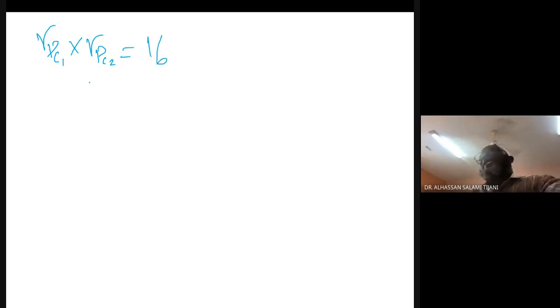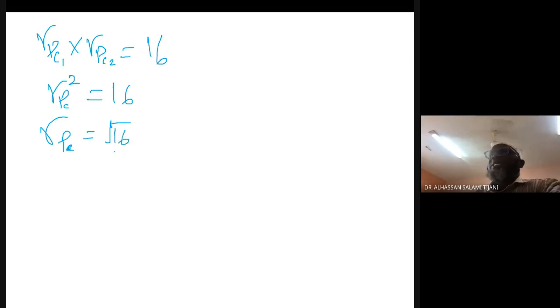All right? So then eventually I'll have RP for the compressor, because they are the same, squared equals 16. So RP for the compressor equals the square root of 16, which equals 4.